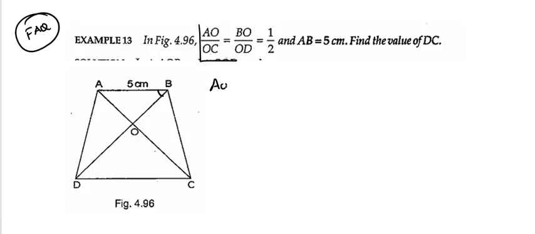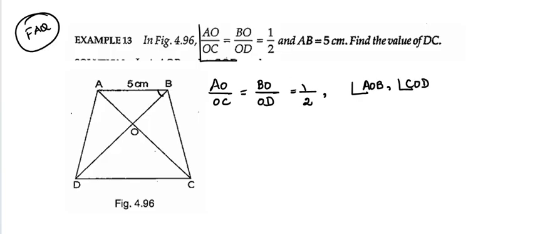They have given that AO by OC equals BO by OD equals 1 by 2, and angle AOB equals angle COD, vertically opposite angles. So this will come under SAS similarity.